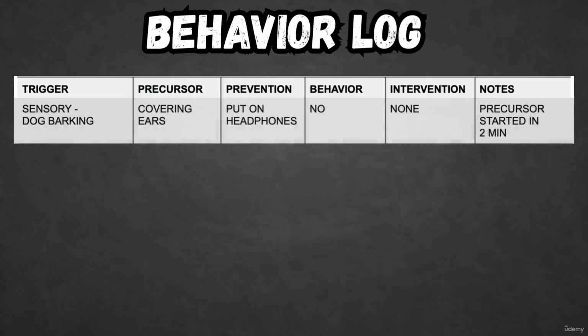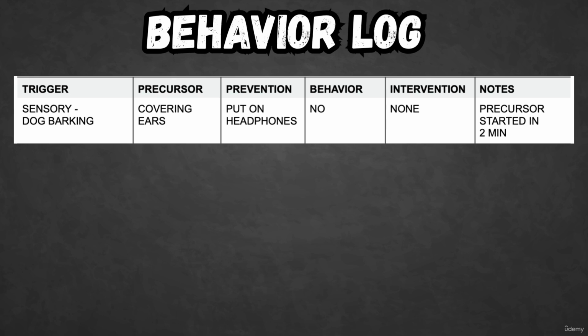Now the next example, sensory of dog barking. So if there's a dog barking as the trigger, then you'll see the precursor is the individual is covering their ears. The prevention technique is to put on headphones. Now you could redirect the individual, but in this situation we're putting on headphones, and again the prevention technique was done in enough time that there was no behavior or intervention required.